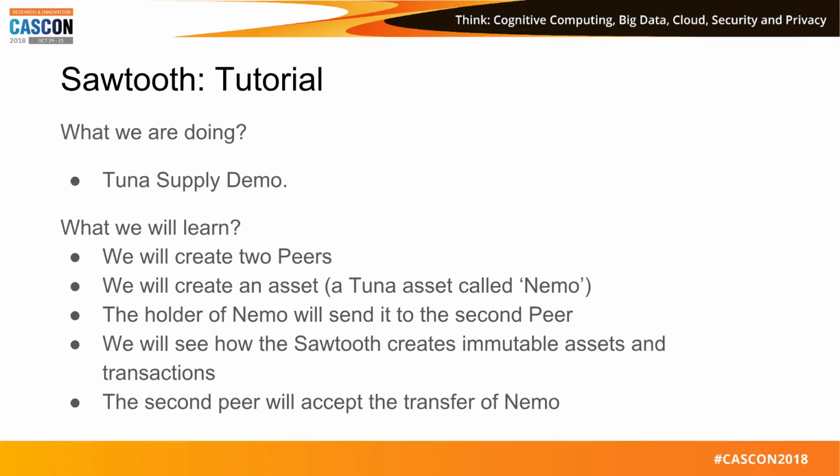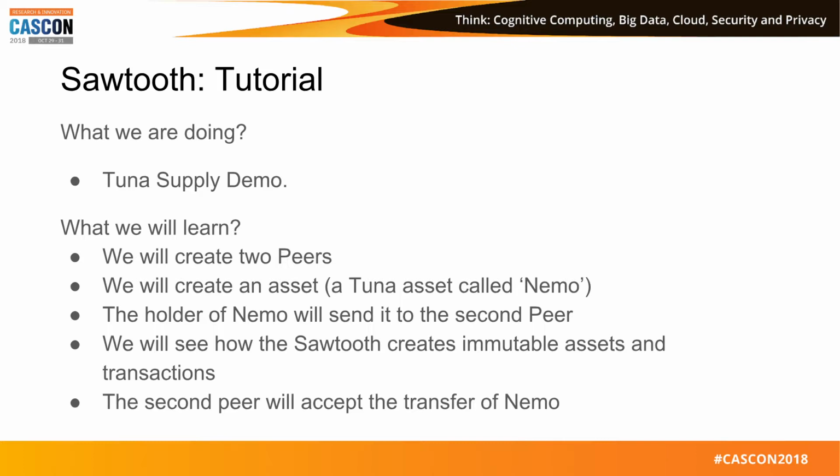So what I'm going to do is explain the tutorial to you, and then we are going to explain the tutorial step by step on the Ubuntu machine or on the VMware machine. Okay, so for the tutorial, we're doing a tuna supply demo.